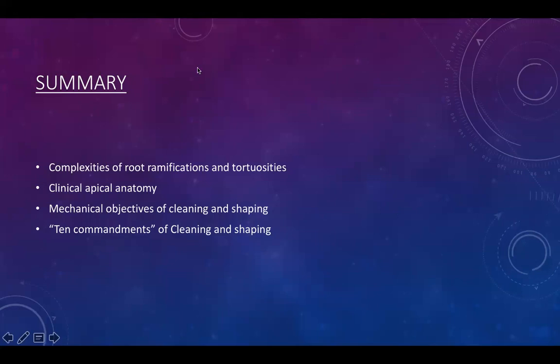Well, there's some things that I saw, for example, in the questions, that we always wanted to narrow it down into one answer, like A, B, or C. But for example, the first one, when they say access opening or cleaning and shaping and obturation, definitely endo is a sequence. If you don't do a good access opening, you're gonna do procedural errors in your cleaning and shaping, and that will follow also on the obturation.